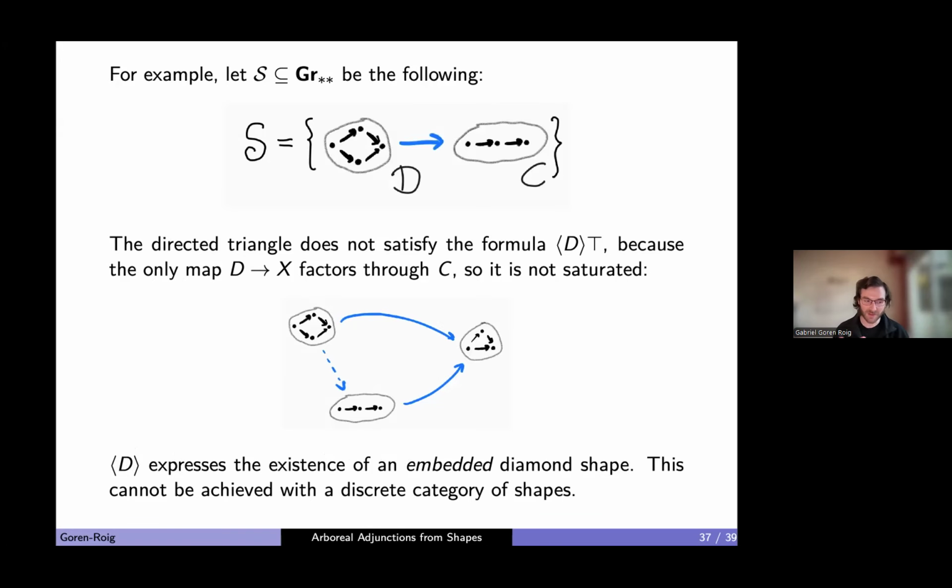From the logical perspective, this sounds a lot like graded modalities in first order logic, for instance, where you can say there exist at least two elements X such that such and such holds. So this is definitely something that cannot be achieved if we don't include the maps into the category S.